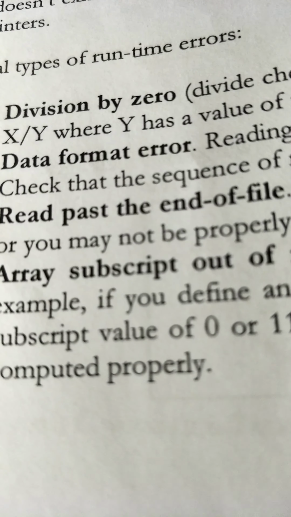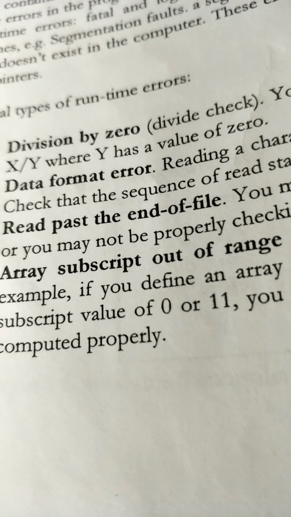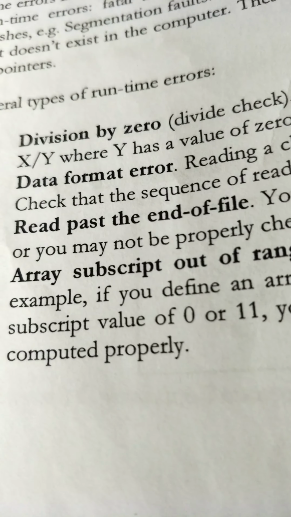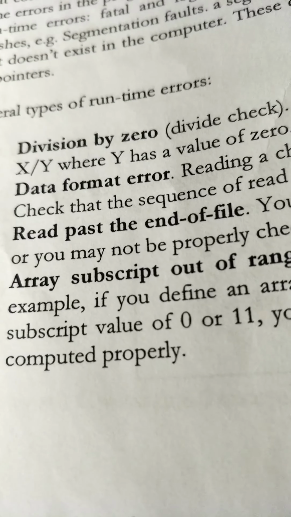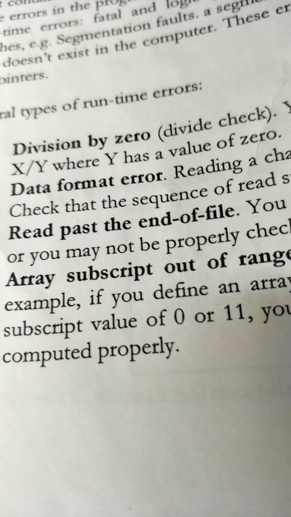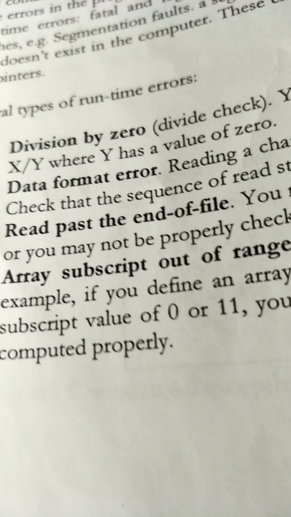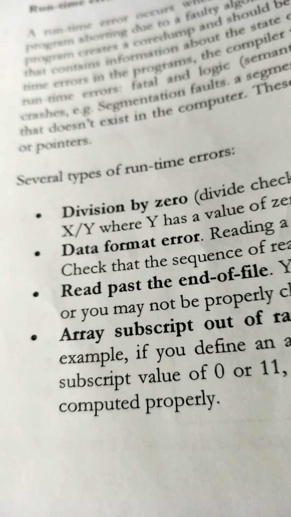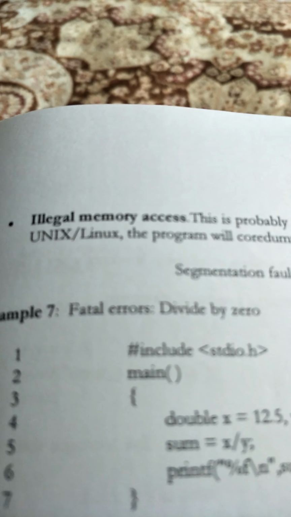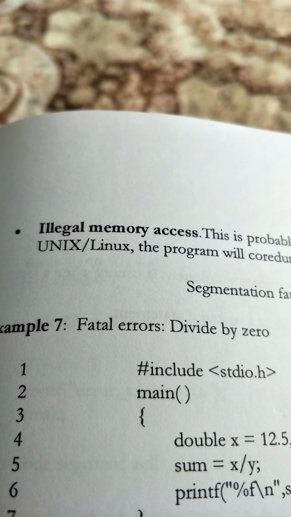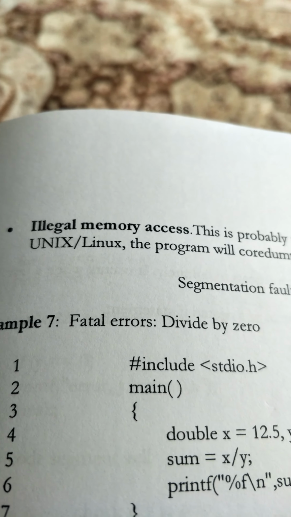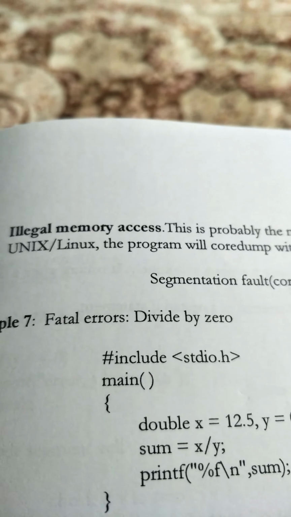Okay, and then array subscript out of range. Here also we will deal with subscripts a bit after this chapter. Another one is illegal memory access. Normally in this case we end up with a segmentation fault.